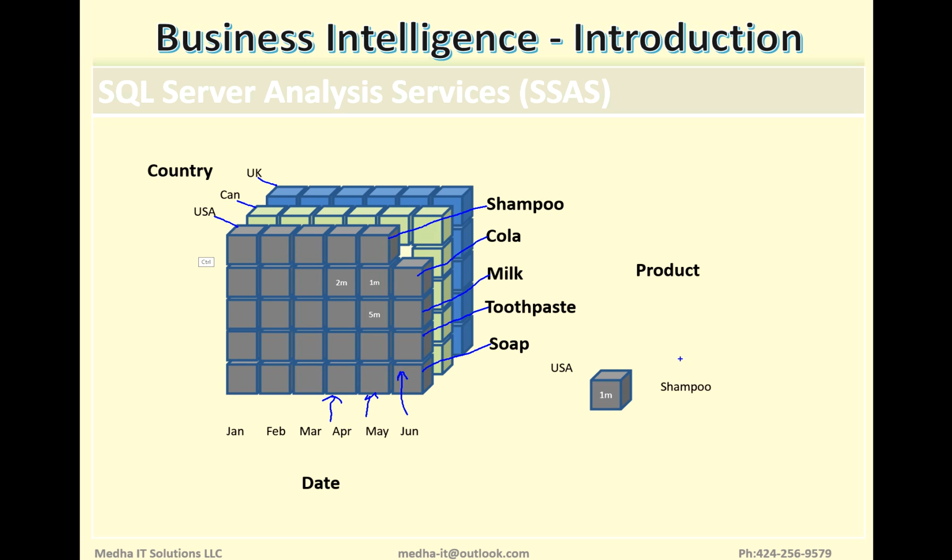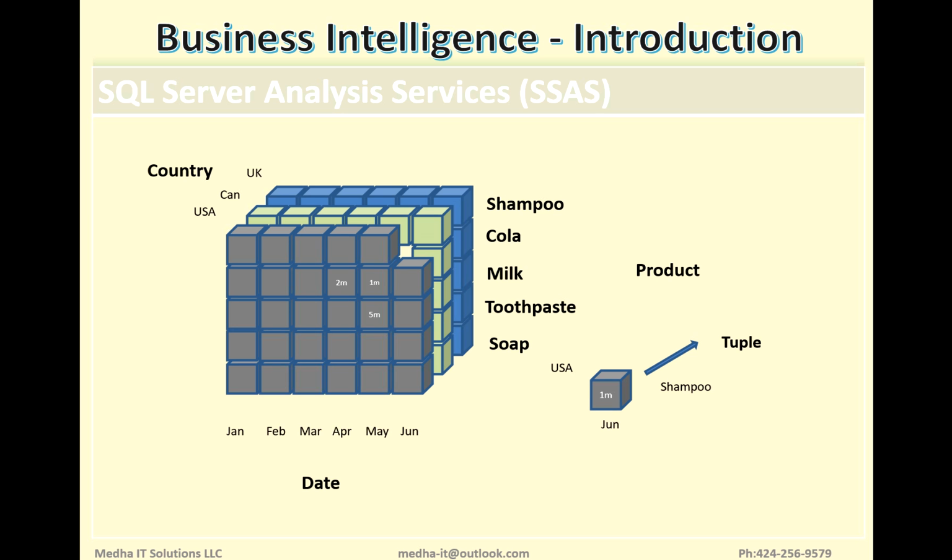So that is for the month of June, what was the sales in USA for a product shampoo, right? That is a subset of the cube, which is also called a tuple. So we will talk about tuple later.